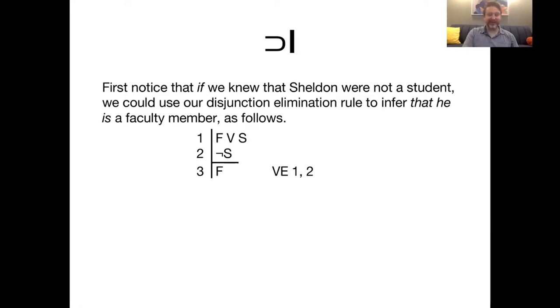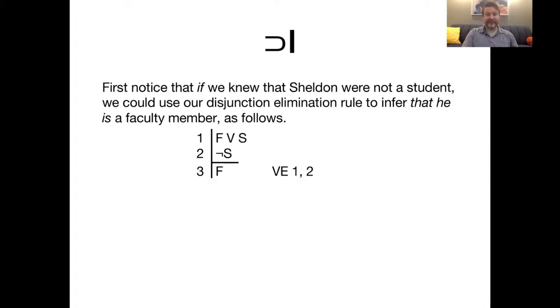And all we need to cite again, just to remind you of how this rule operates, is the disjunctive statement, F or S, and the negation of one of those disjuncts. So not S at step 2, or premise 2. So that's given to us.